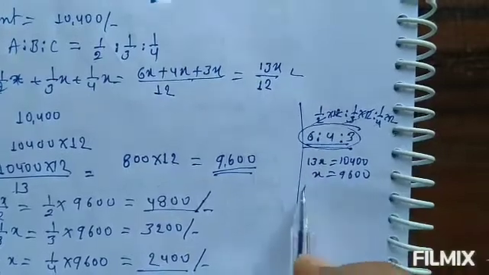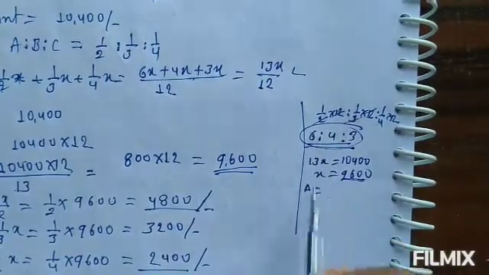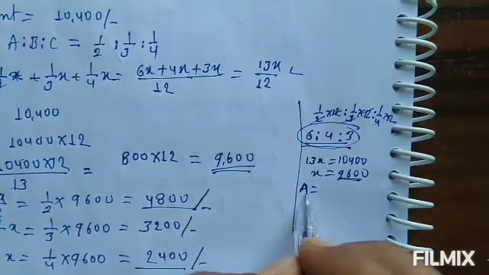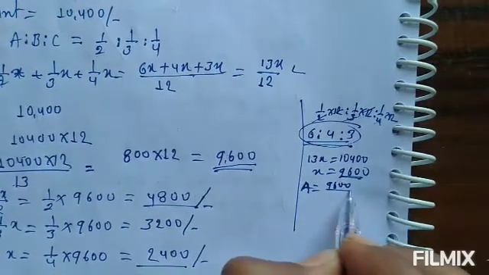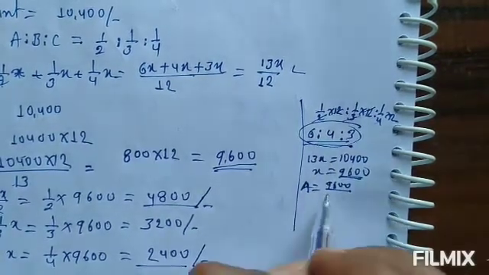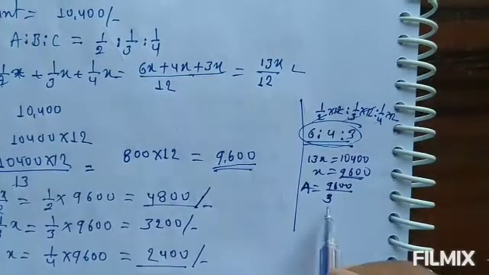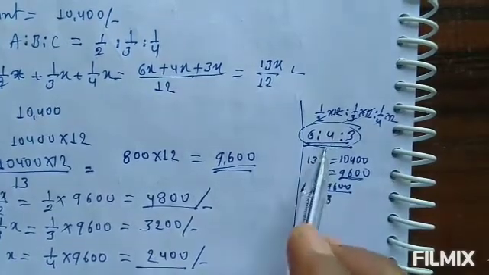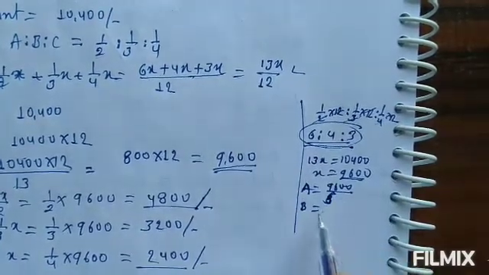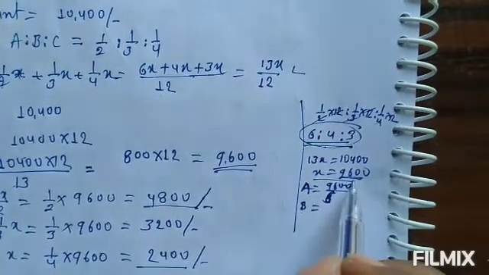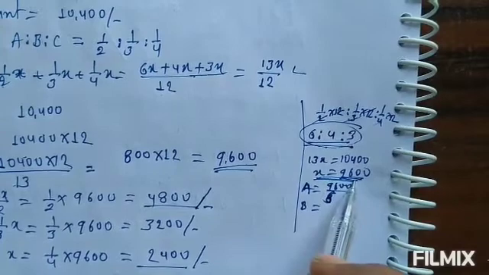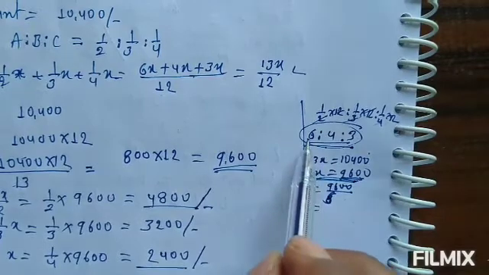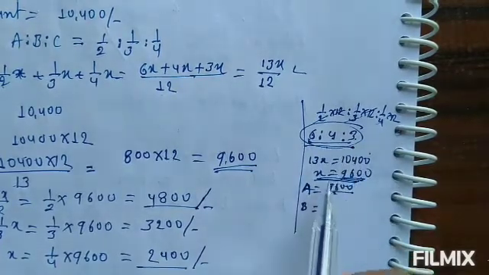Then part of A equals 9600 multiplied by 6, and part of B equals 9600 by... This is the value of x. Then each part will be there. This is 6 plus 4 plus 3, 13.